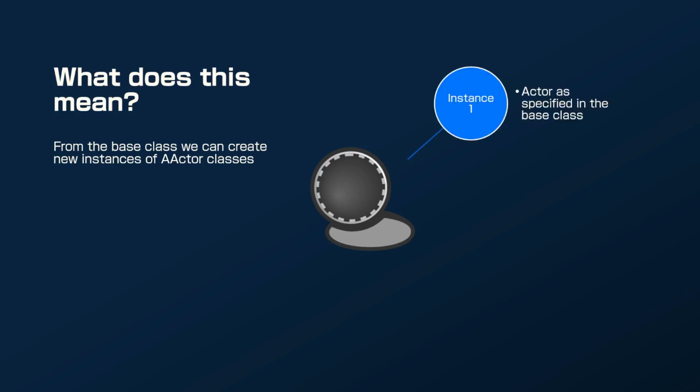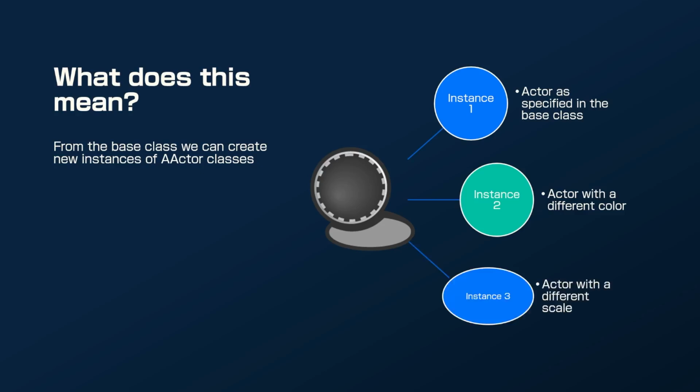This can be an instance exactly as specified in the base class, an instance that is the same actor but with a different color, or an instance that has the same color but a different scale. Those are instances of the same actor, but they are different, right? That's the magic of instances.